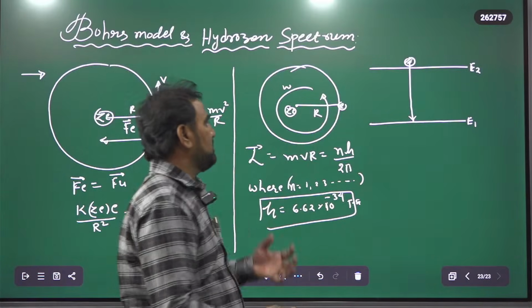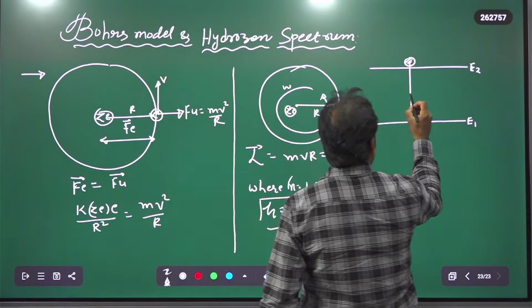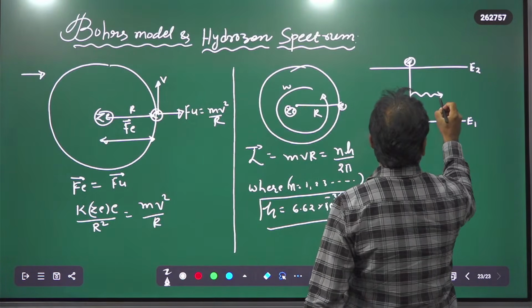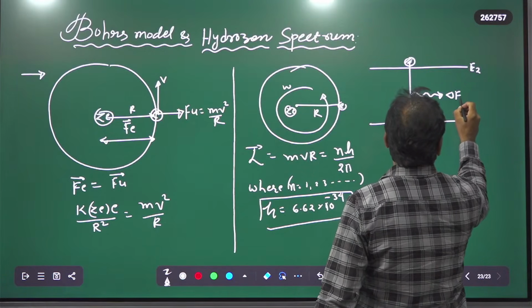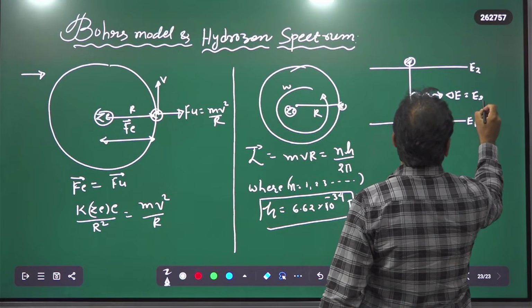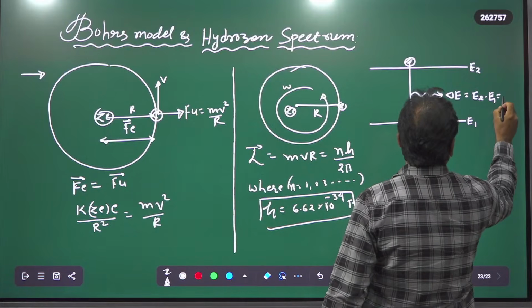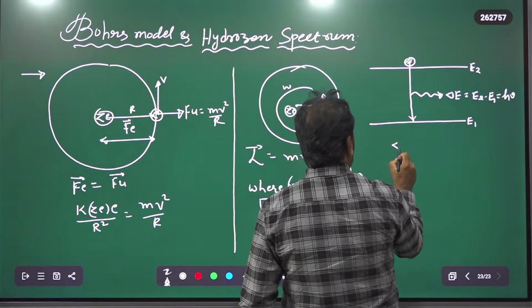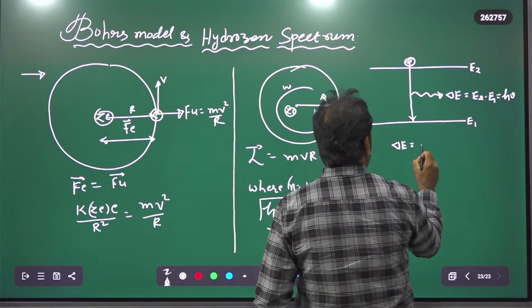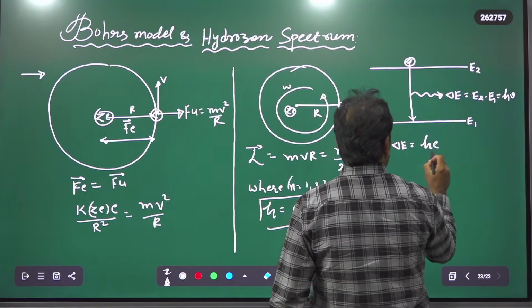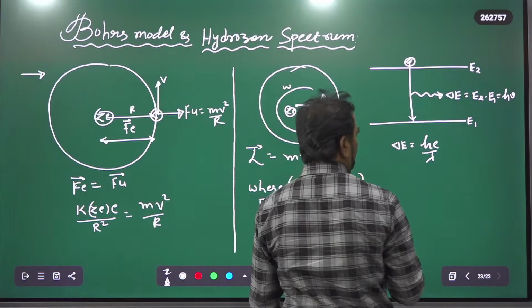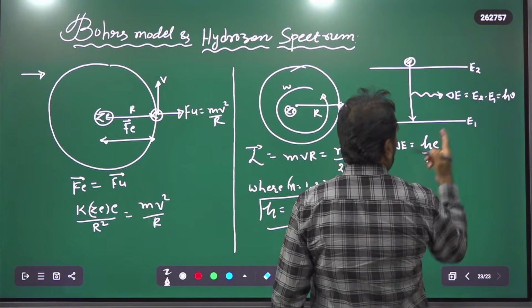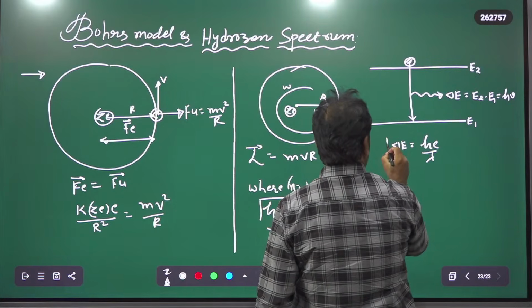That is, delta E is equal to E2 minus E1, which is equal to h nu, or hc upon lambda, since nu is c upon lambda.